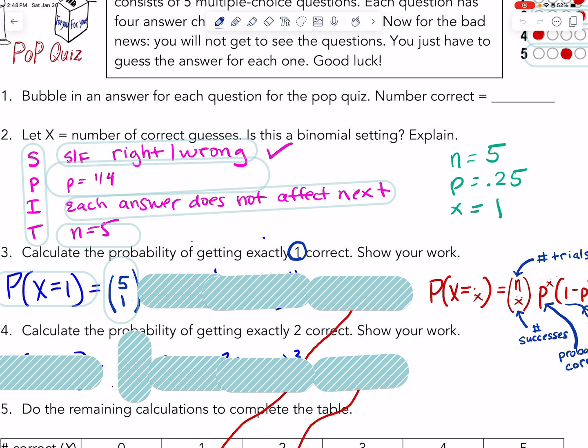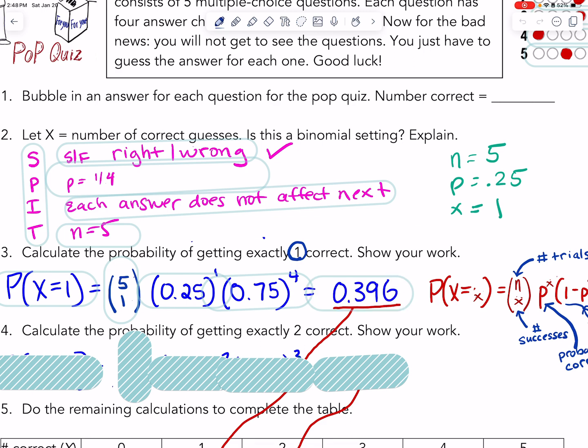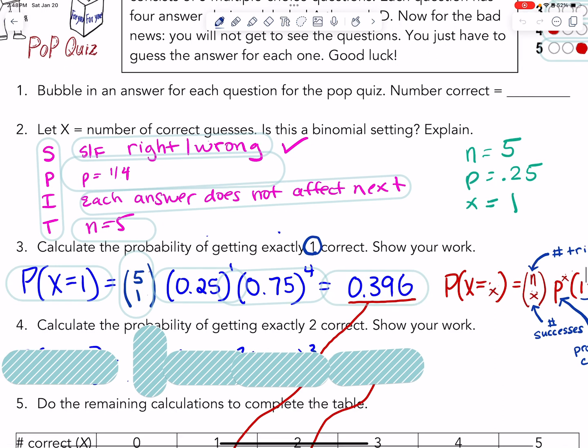That 25% always, just like when we did the free throws in the last lesson, did not change. So that's 25% raised to the 1 power because I got one of them right, and 75% for the 4 I got wrong, any 4 of them wrong. And that's going to be 0.396.